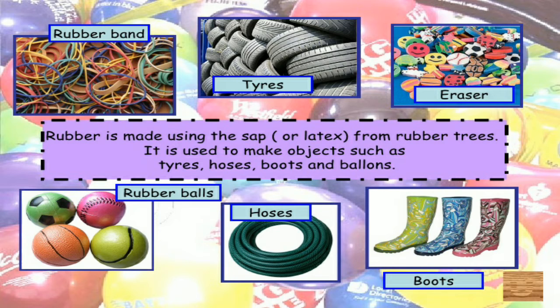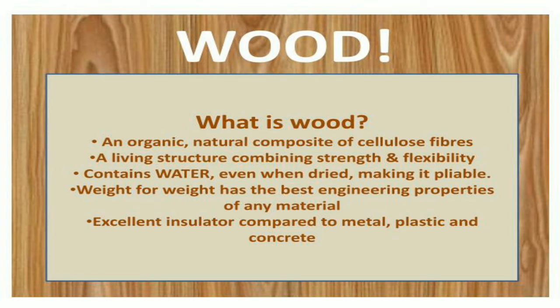So now we are going to learn the next slide, and it's wood. So, what is wood? It's an organic, natural composite of cellulose fiber and a living structure, combining strength and flexibility.